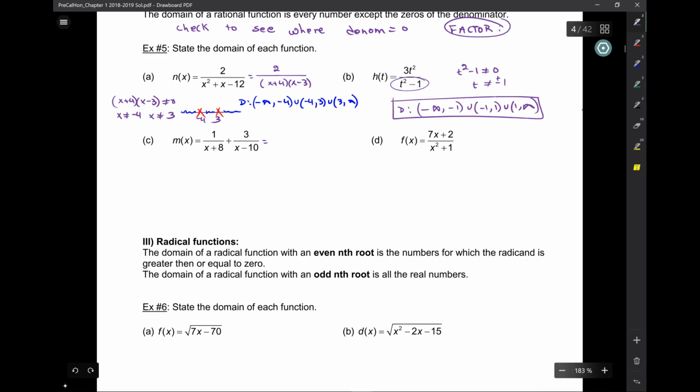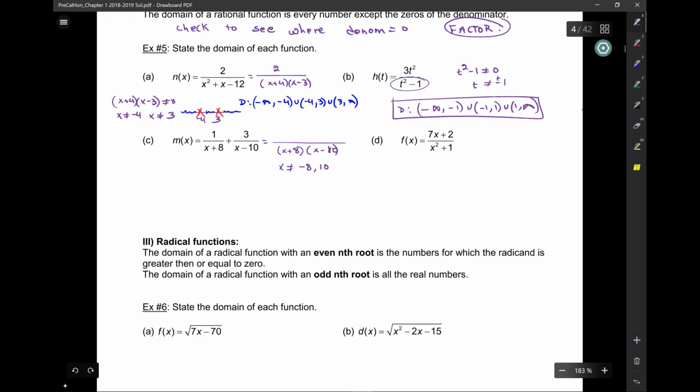Okay, so look at this one. Here you have two separate fractions. If you were to do a common denominator, what would the common denominator have been? X plus 8, x minus 10. I don't care what the numerator is; that would be the denominator in total later. So here, what can x not equal?